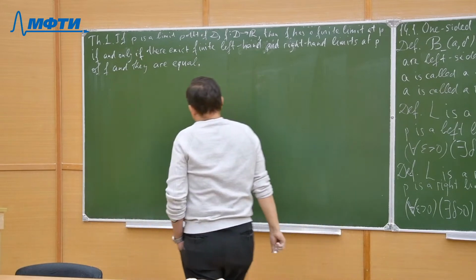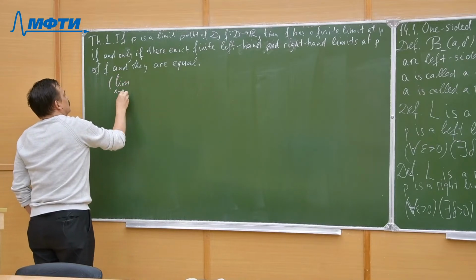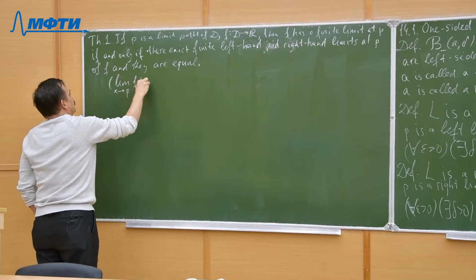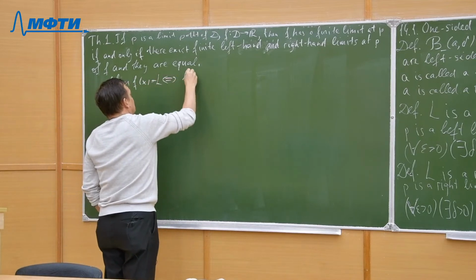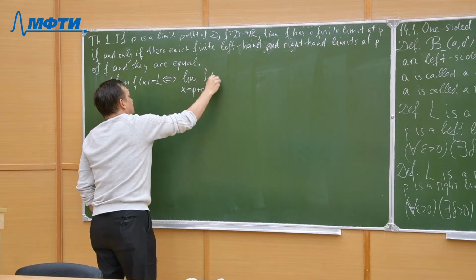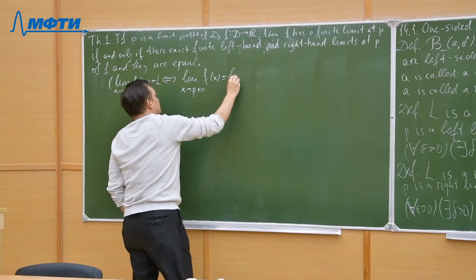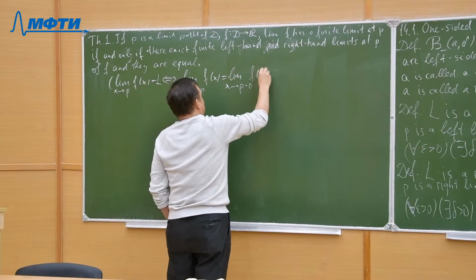So the limit as x tends to P of f of x equals L if and only if the limit as x tends to P plus 0 of f of x equals the limit as x tends to P minus 0 of f of x equals L.